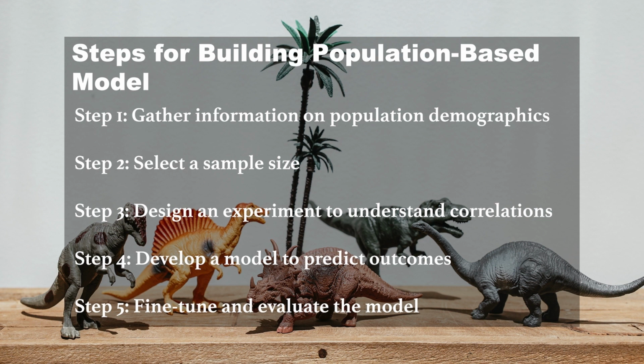Use the data gathered from the experiment to develop a predictive model which takes into account population demographic variables. There are a variety of models available such as linear regression, decision trees, and artificial neural networks which can be applied for this purpose.